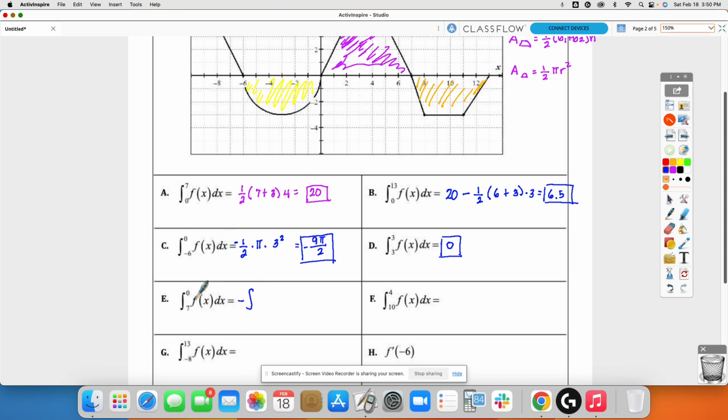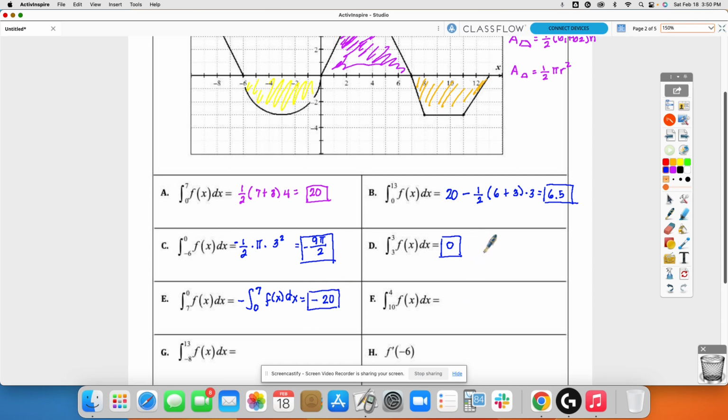So the integral from 7 to 0 is the same as the negative integral from 0 to 7 of f of x dx. This is one property of integrals that we will look at again later. So we have negative integral from 0 to 7. We found it in letter A, so that's equal to negative 20.